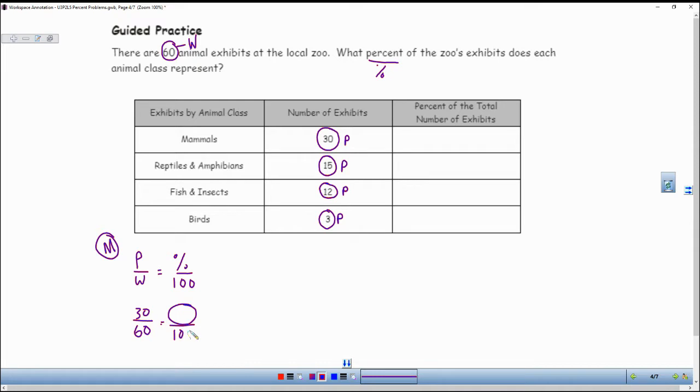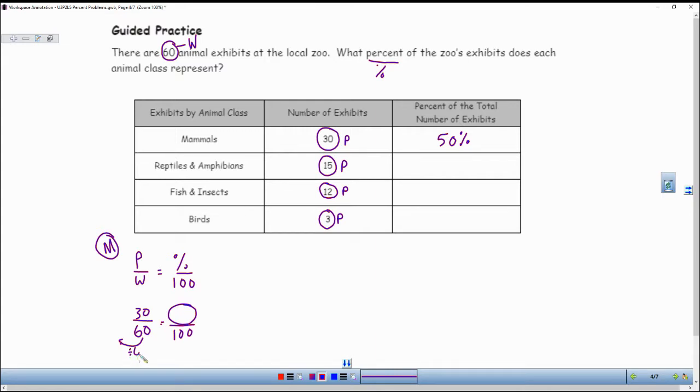Now, here's the thing. You can't really get from 60 to 100 that easily, but if you look at this fraction, isn't that half? 30 is half of 60. So what would half be as a percent? That would be 50%. Now, just to prove that to be true, what could we divide 30 and 60 by? Well, if we divide 60, we could do a couple different ways. I'm going to divide by 6.